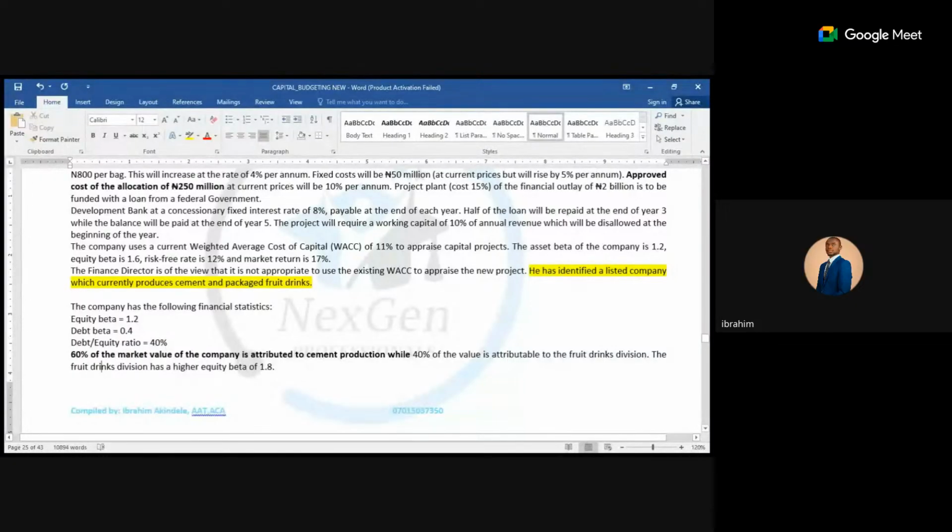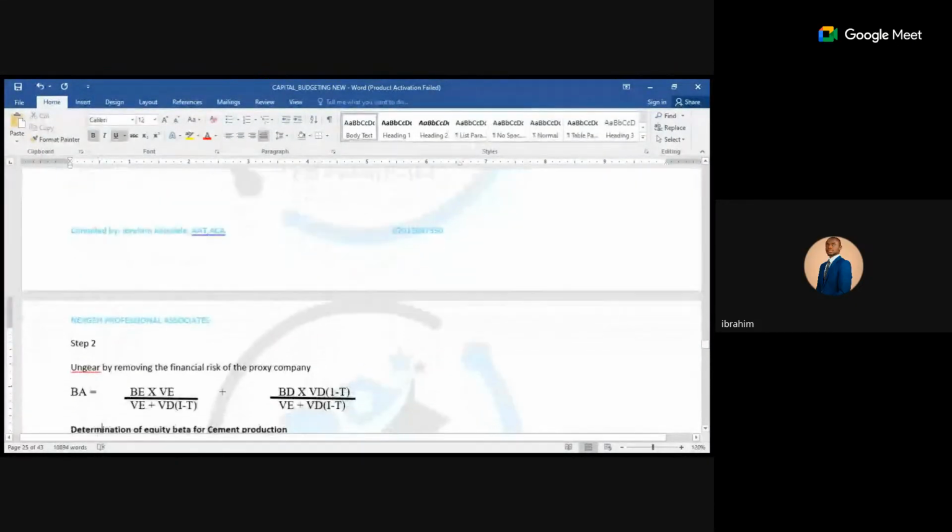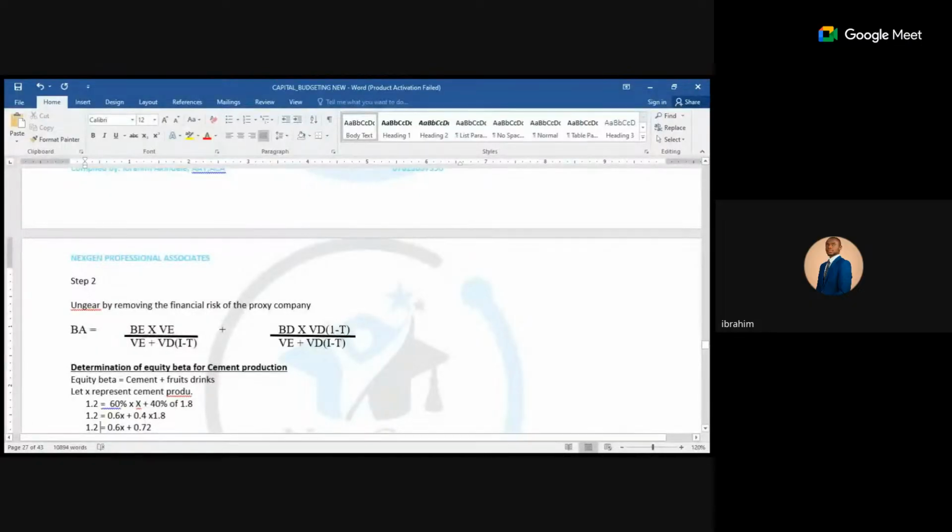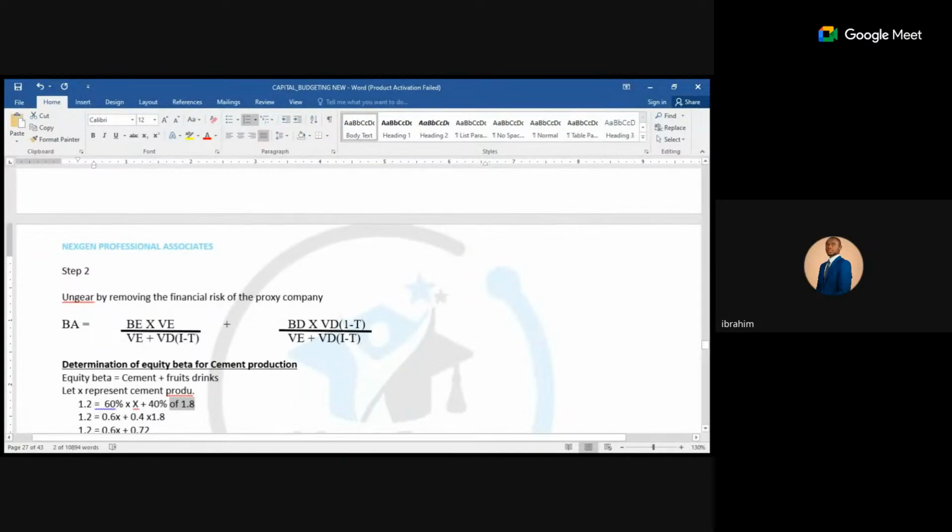Don't forget the equation that the equity beta is equal to cement plus fruit. Now, the fruit is higher at 1.8, right? You cannot say 1.2 equals 60% of X, which you are looking for, plus 40% of 1.8.